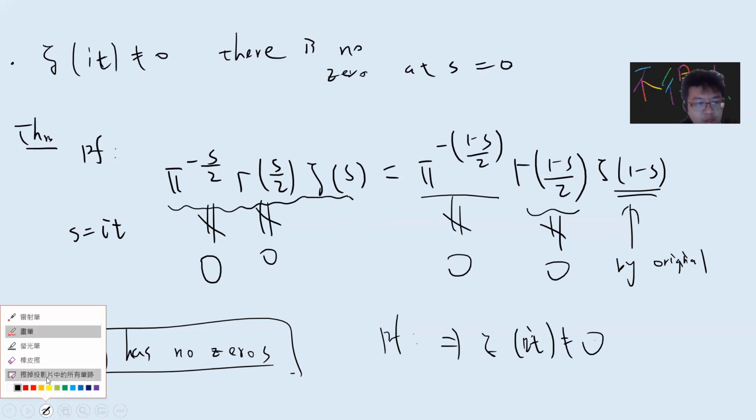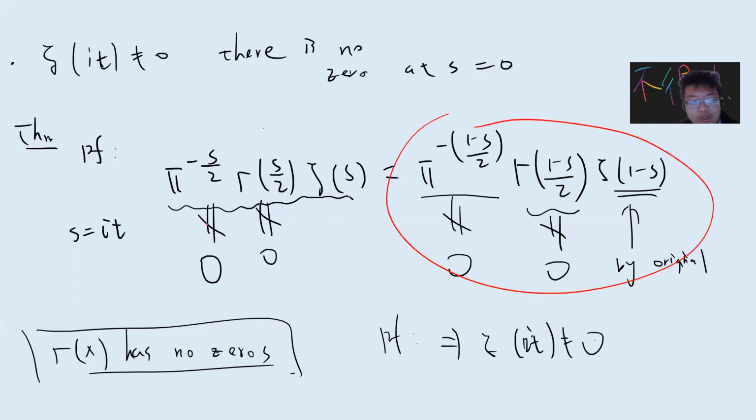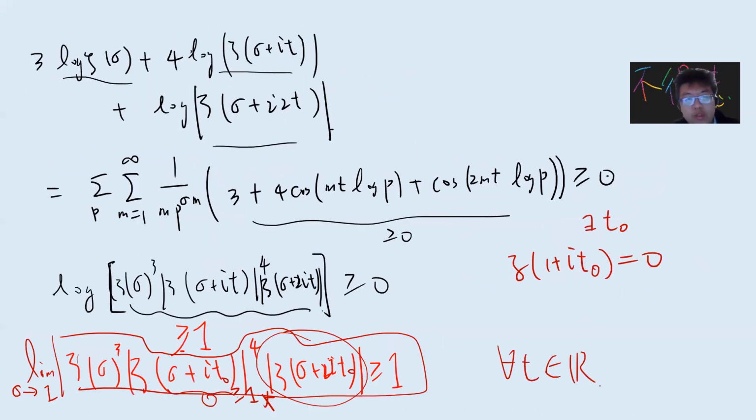Because all these factors are non-zero, zeta(1+it) is non-zero. So this is the simple fact about the zeta function.